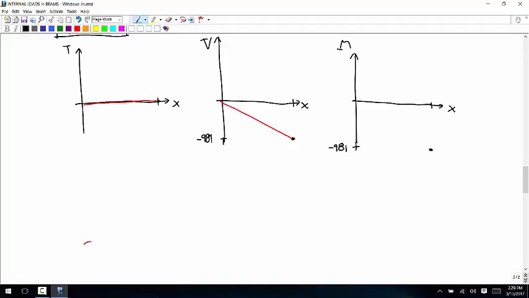So it's like this. And then the torque, there was nothing going on, so that graph is 0 the whole way.